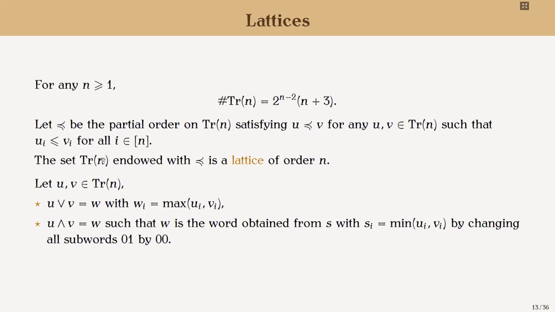And the set of Triwords with this partial order is a lattice. Indeed, for each pair of elements, we can define the join and the meet operations, meaning there is an infimum and a supremum for each pair of elements.